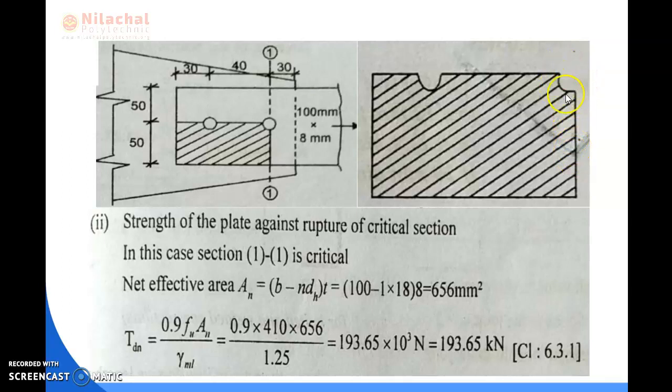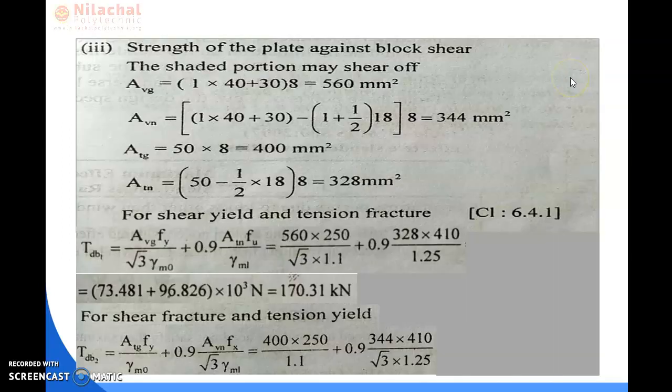This portion is indicated here, bolt hole portion. So it is half of the section, so it is taken as 1/2. So half into D0 or DH value, which is 18 mm. So multiply by half into 18 and the total value will be multiplied with the thickness of the block shear portion along the T line, which is 8 mm. So by calculating all these things, we will get 328 mm square, which is the value of ATN.